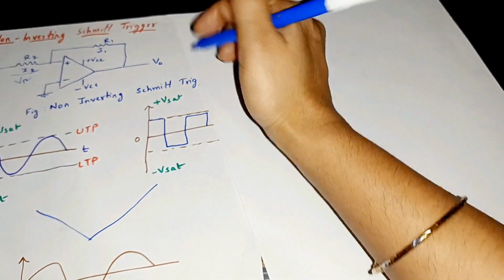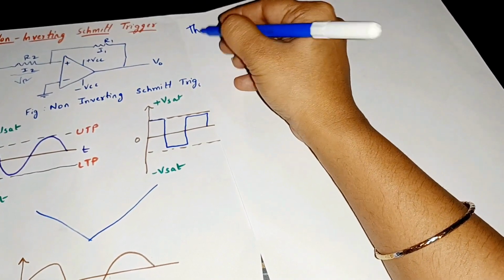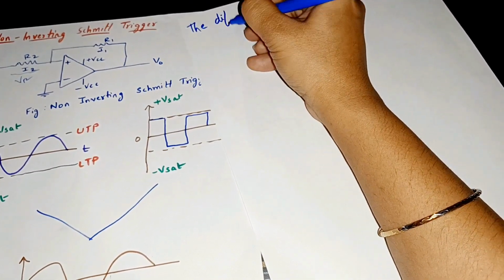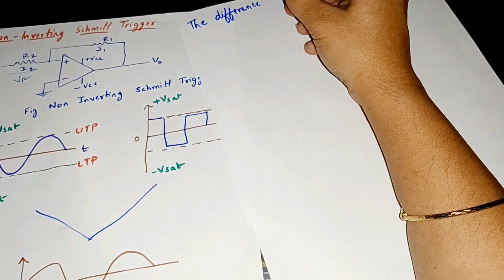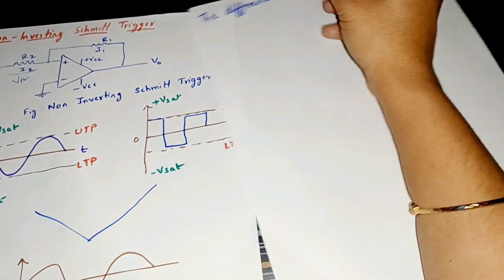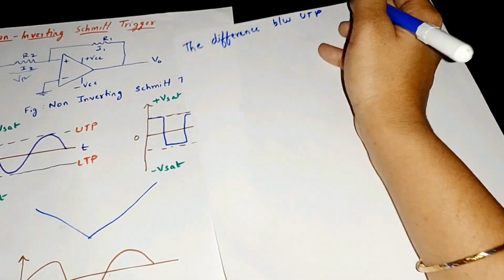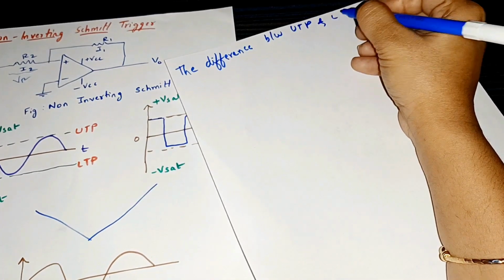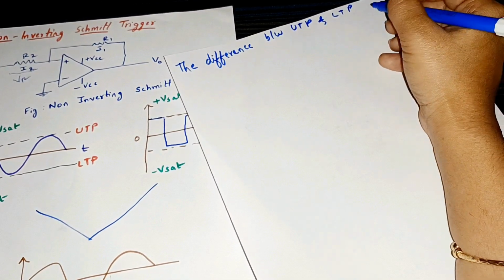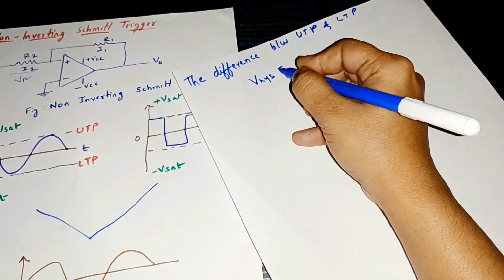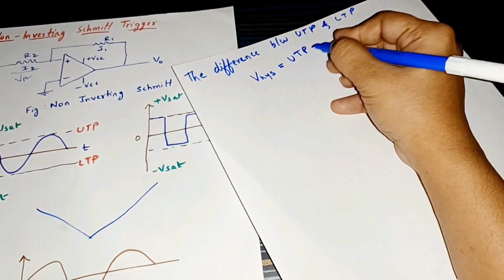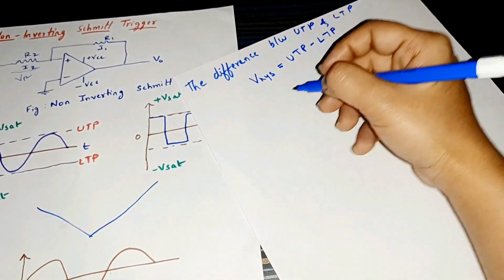Here also we get the difference between UTP and LTP, which is V hysteresis, equal to UTP minus LTP.